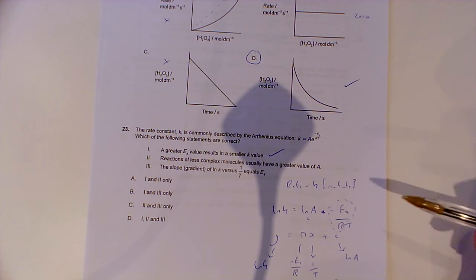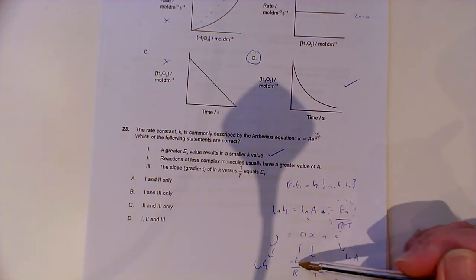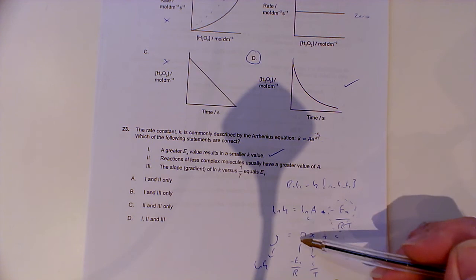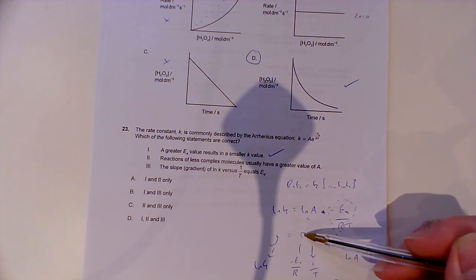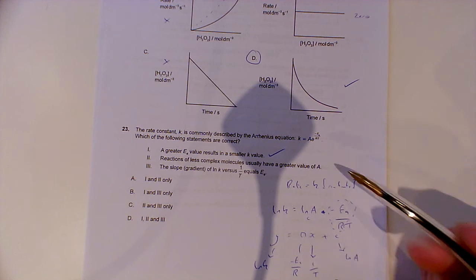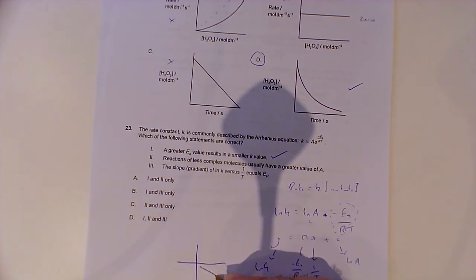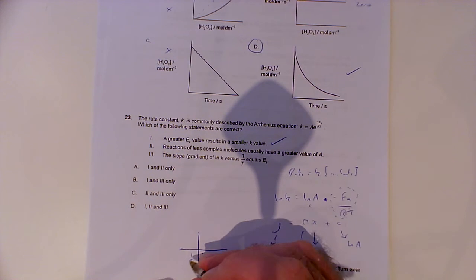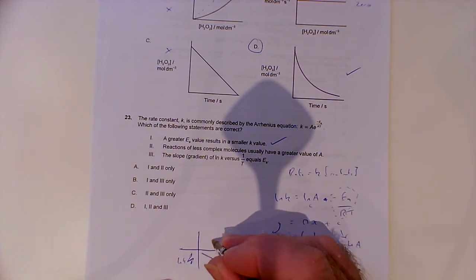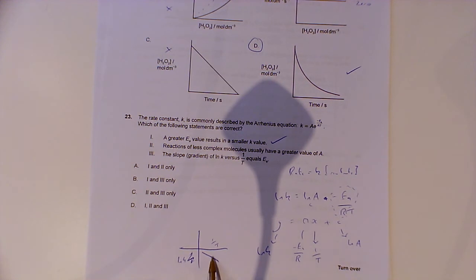So your gradient is not actually EA itself, it's the negative EA over R. And that's why when you do this form, you have to find the gradient and then basically change the sign. If you plot 1 over T along your x-axis and natural log of K on the y-axis, you're down in this quadrant, and of course that's a negative gradient.